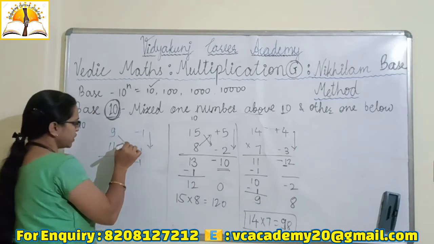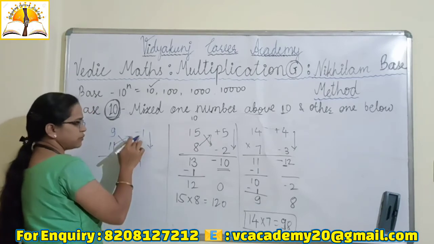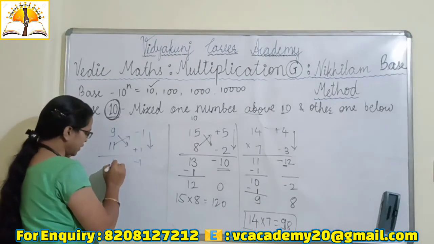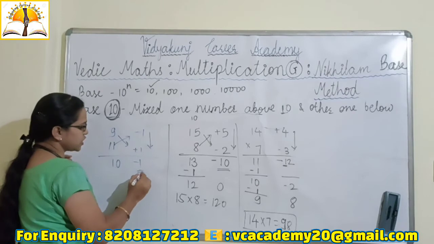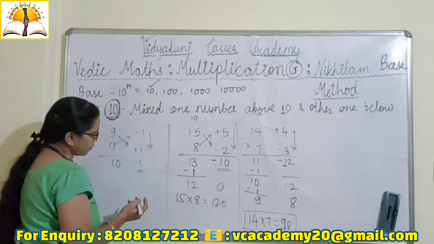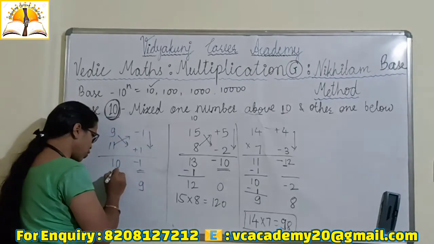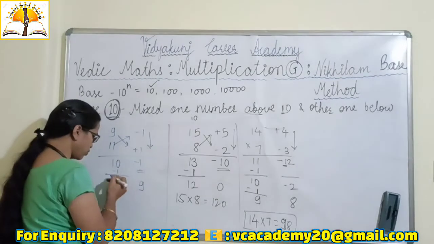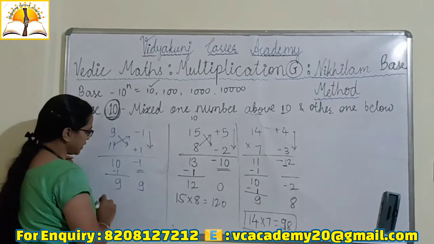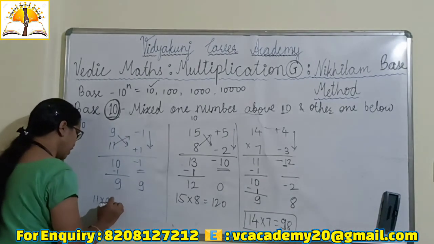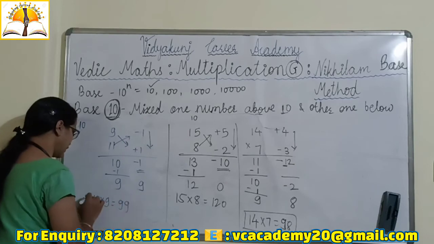Then see here, 11 minus 1, 10. 9 plus 1, 10. Got it? This is minus. What is the 10's complement? 9. Here will be minus 1 because we have to subtract. Then here 9, so 99. 11 into 9 is equal to 99.